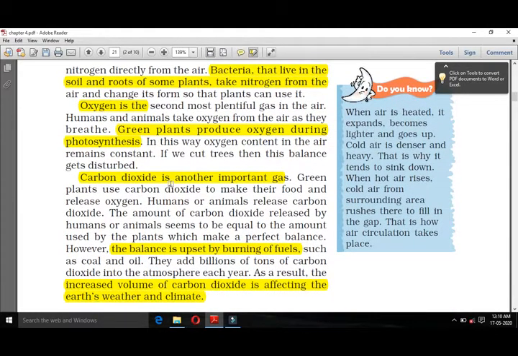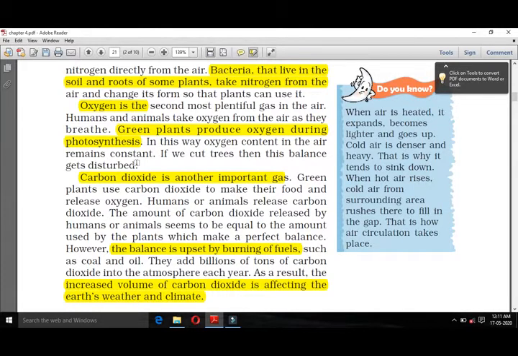Carbon dioxide is another important gas. Green plants take carbon dioxide for their food through photosynthesis. The carbon dioxide released by human beings and animals is taken by trees, and they release oxygen which we take through our breathing.